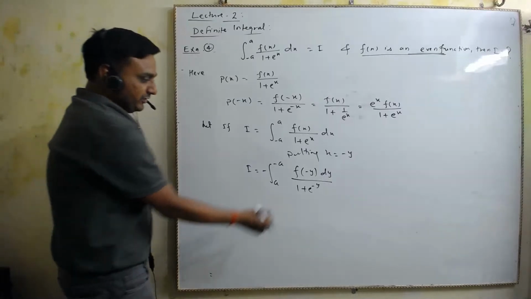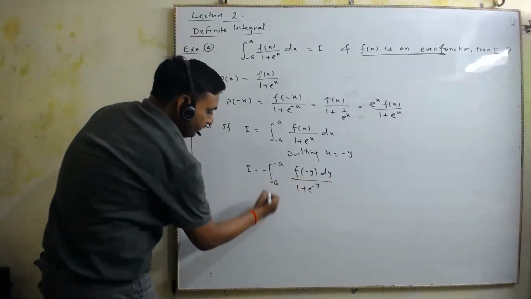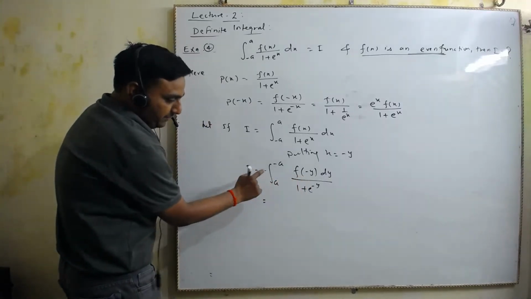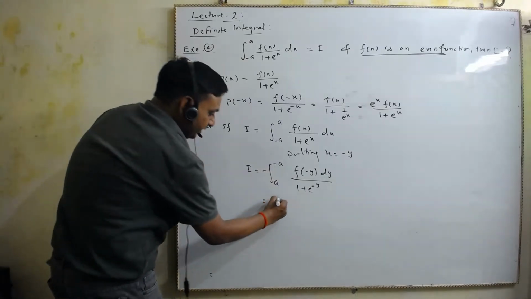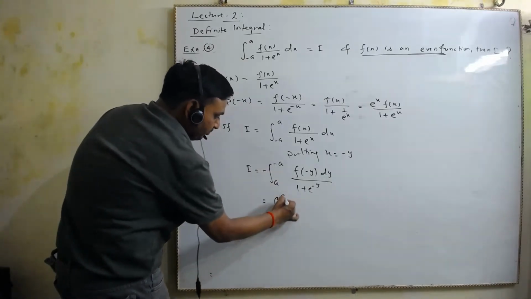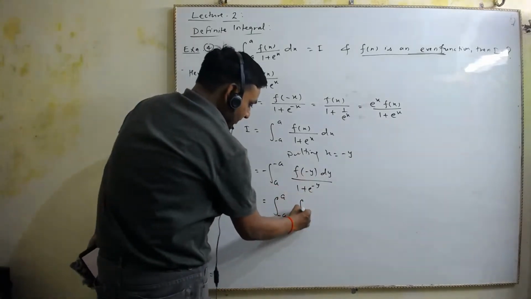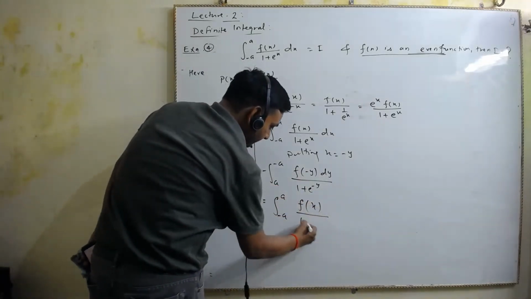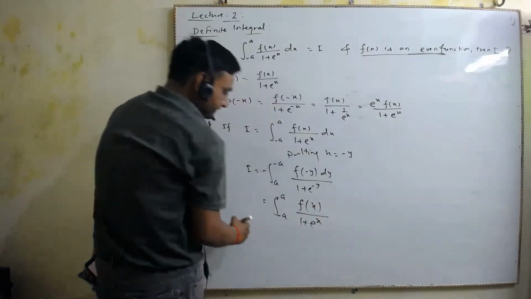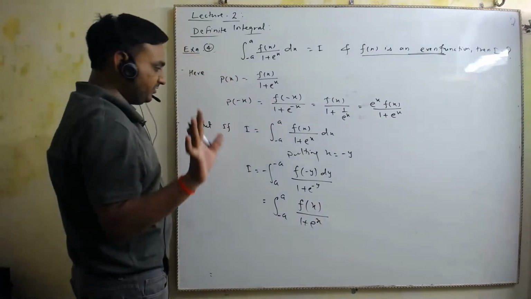So this is just a variable. If I again use the property of the limits and change the limit again, minus a to a, what will this be? No, no, f of minus. But just wait a minute.